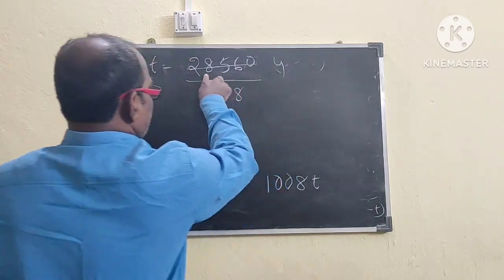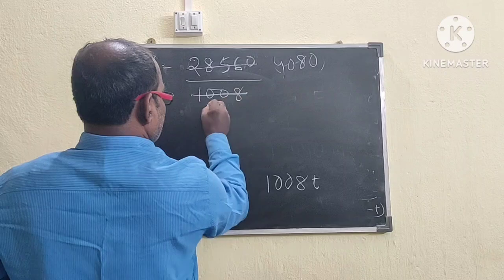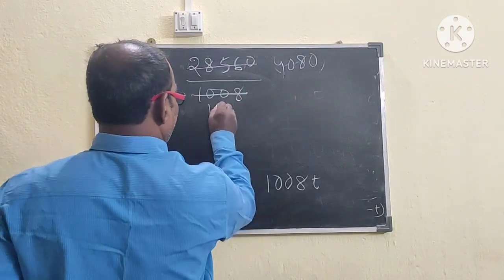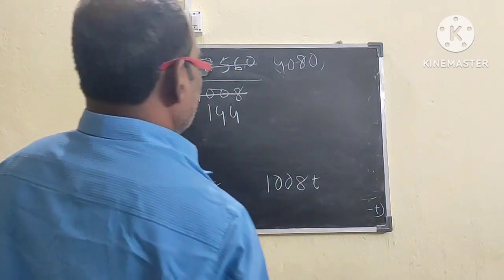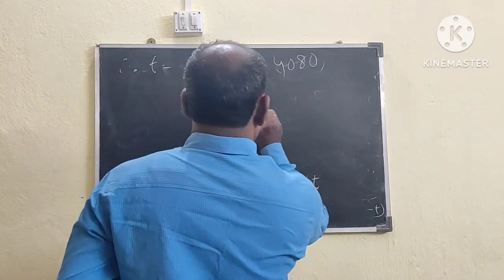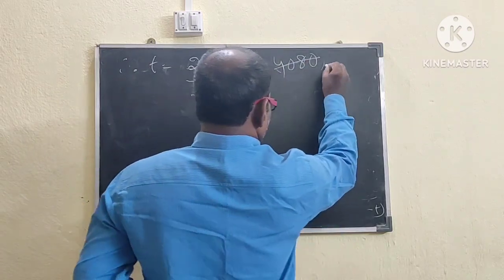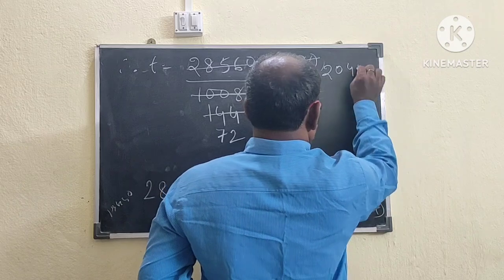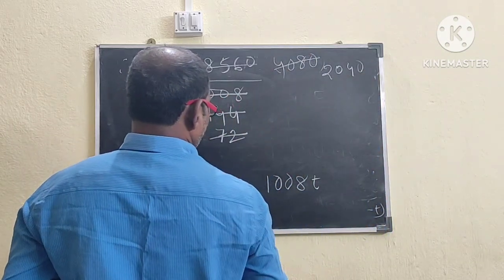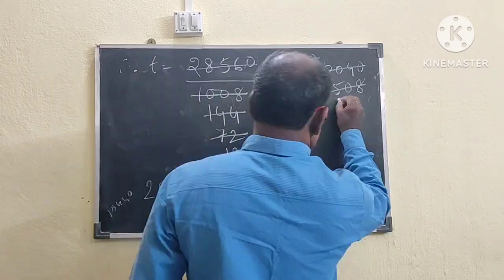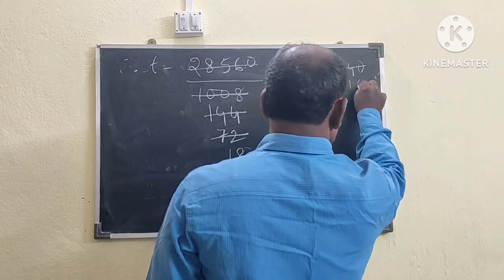7 4s are 28, 7 8s are 56, 7 4s are 28. Now let us go with 2 7s are 14, 2040. Again with 4 we can cut it out here. 4 ones are 4, 4 5s are 20, 4140.